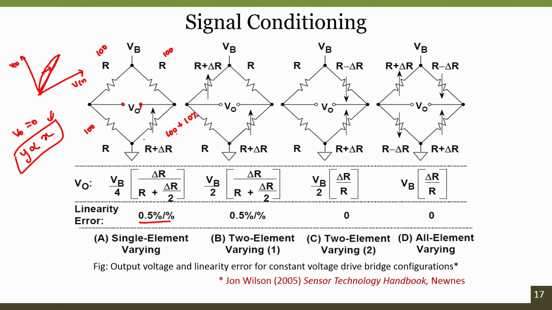Now, for 100 ohms, 10% will be 10 ohms. These are 100 ohms, 100 ohms, 100, 100, both connected with VB, which is 10 volts. This is VO1 and this is VO2, so V naught is nothing but VO1 minus VO2.